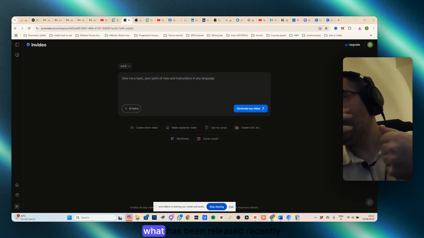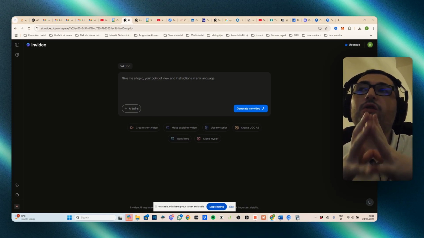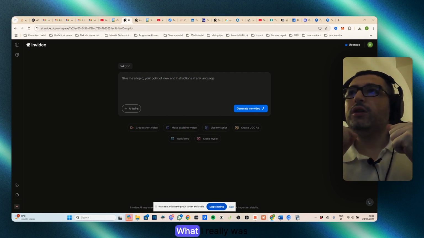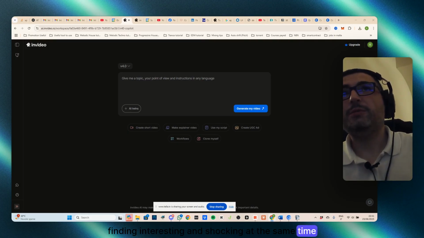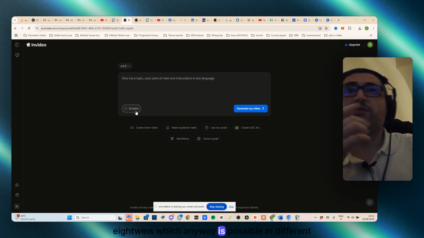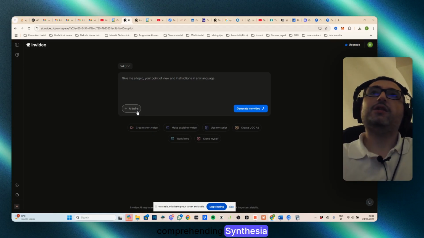What has been released recently is version 4 of its AI tool creator. What I really found interesting and shocking at the same time is the possibility to add AI twins, which anyway is possible in different other tools, including Synthesia.